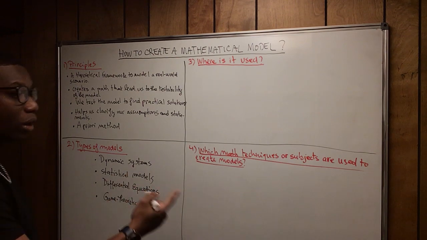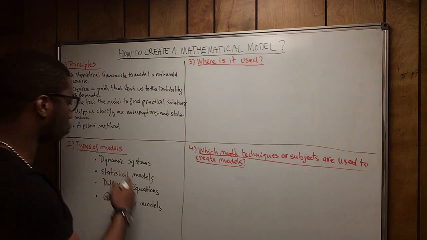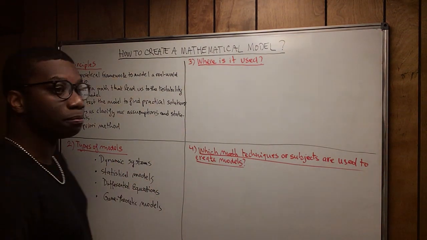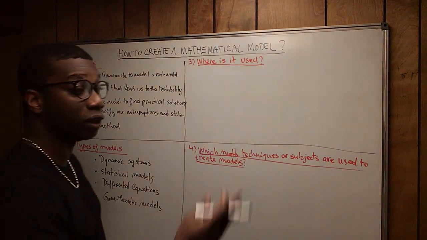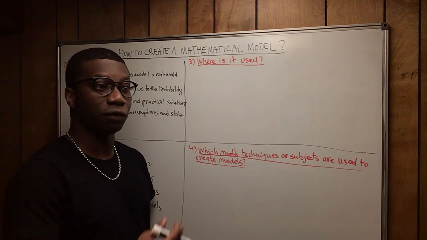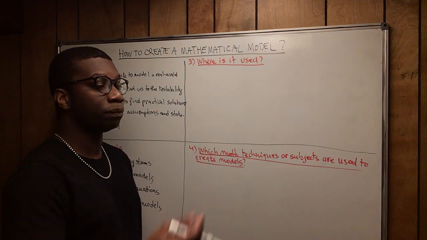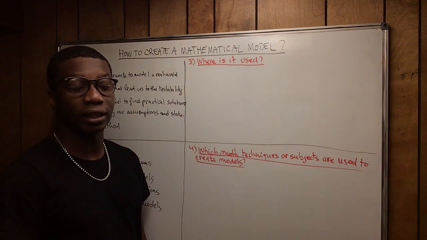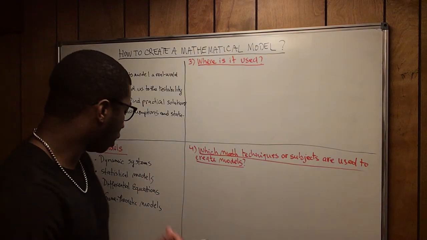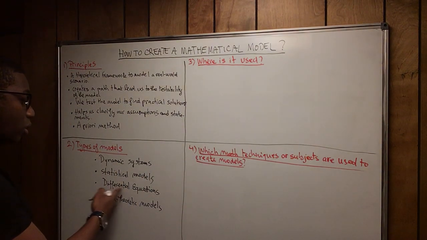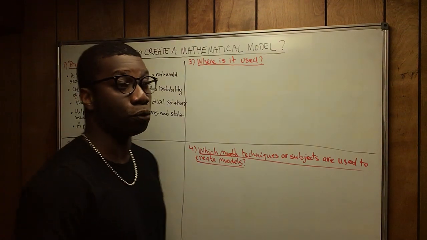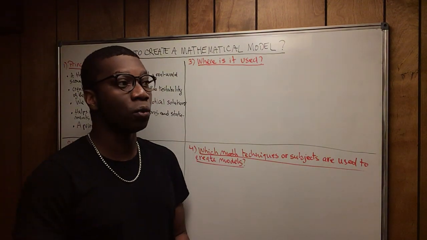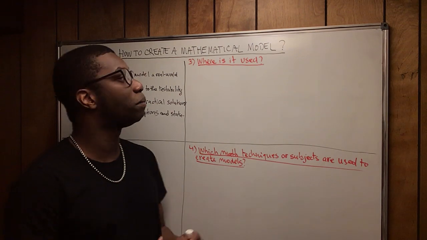Let's say the pipeline company can use dynamic systems to develop the process, or they can even use statistical models if there is data. If there is data, they can use it to see the historical trend and then predict or explain. Or they can use differential equations to also develop the process of cleaning water. So this is how far it goes. It is used pretty much everywhere.